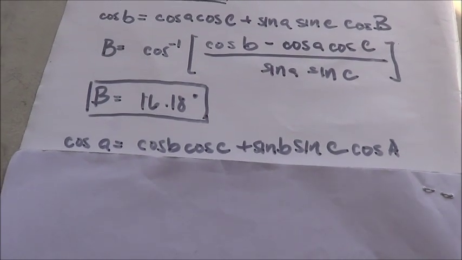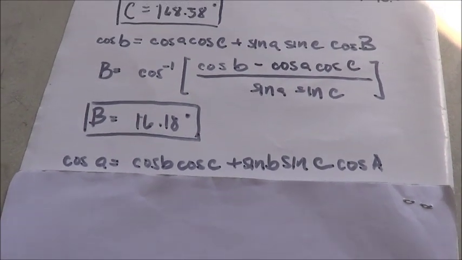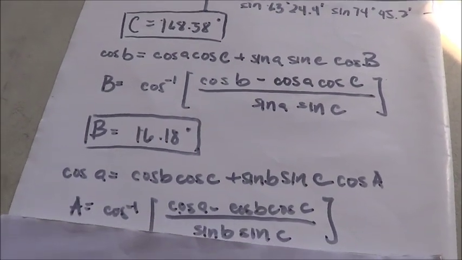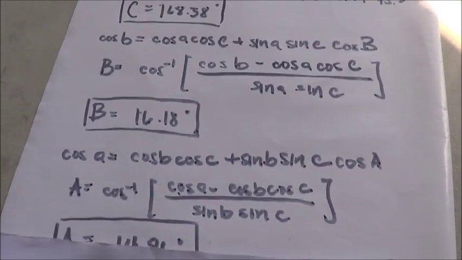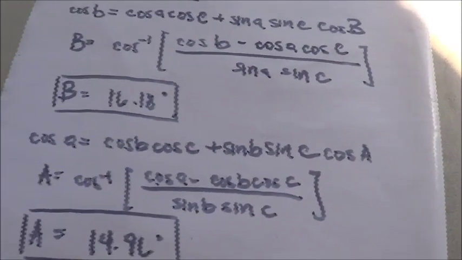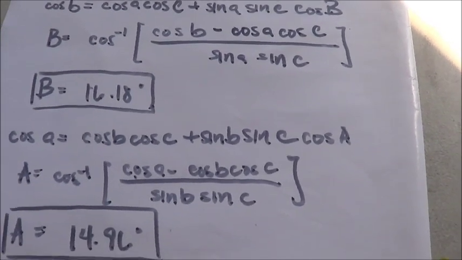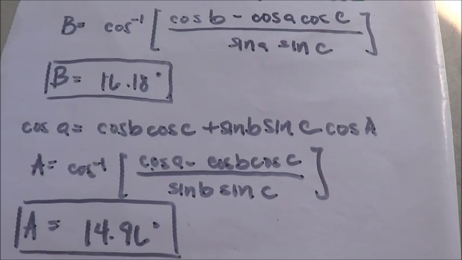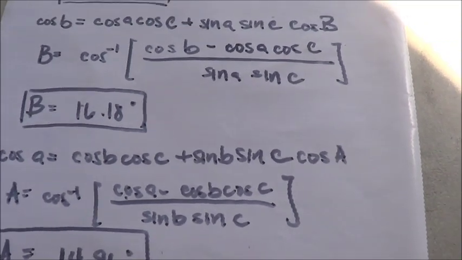Cosine a equals cosine b cosine c plus sine b sine c cosine uppercase A. Then we isolate the angle A, plug in, and get the answer. As I have said earlier, this topic is really easy. The only problem you will encounter is memorizing the formulas. So you just plug in, and if you know the formulas, you get the right answer.